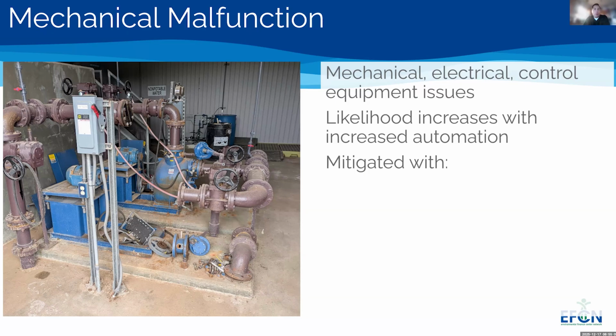Automation is an important factor in our mechanical malfunction, as automation does make our jobs easier, but the more mechanical and electrical parts we have in our system, that means there's more opportunities for things to fail and cause gaps in our treatment.